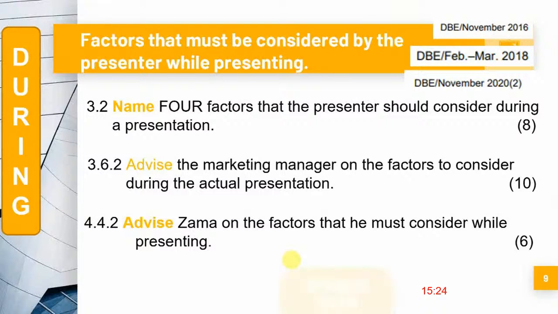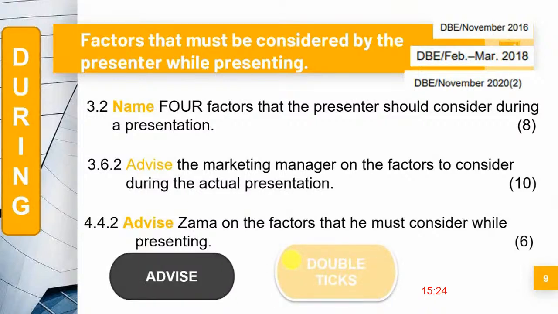The only thing I will take note of here is my cognitive verb, which is advise. And by this time we should know advise means double ticks, okay? One sentence marked with 2 ticks at the back. Very rarely when they say name 4 factors will we get 8 marks like that, but it will also be the double ticks.